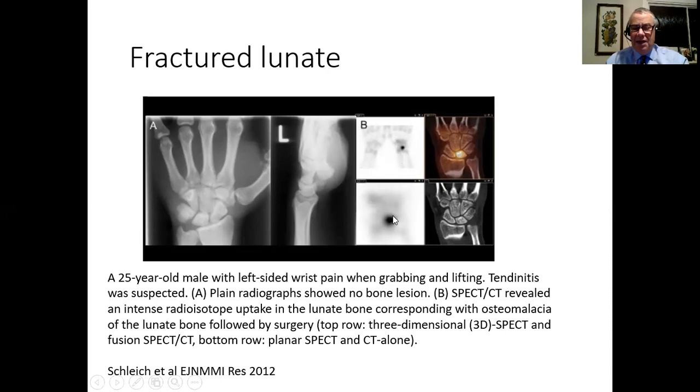They did a planar bone scan, and there is a blob of uptake, but where is that? And that's the problem, is that you can't really localize it. But in fact, if you do the SPECT-CT, it actually localizes to the lunate. And we've all heard of scaphoid fractures, but this was due to a lunate fracture. And that needs to be fixed surgically, otherwise the patient will not get any better.